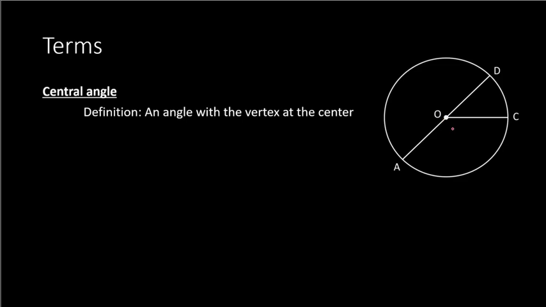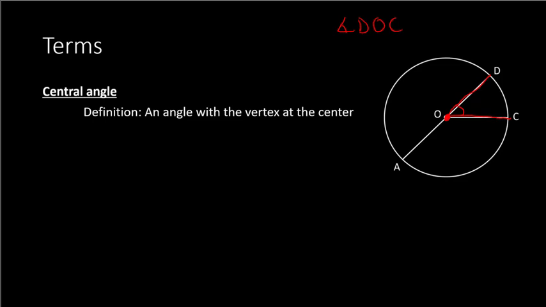There's actually two different angles that would fit that description. Well, three technically. So here, see point O. If you create this angle right here, angle DOC, where the vertex is here at the center, that angle is a central angle, angle DOC.